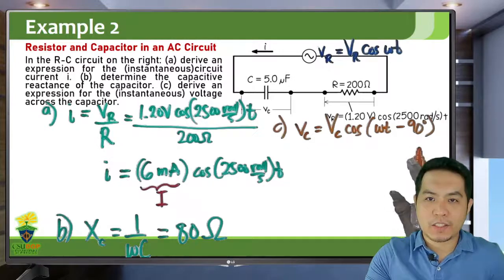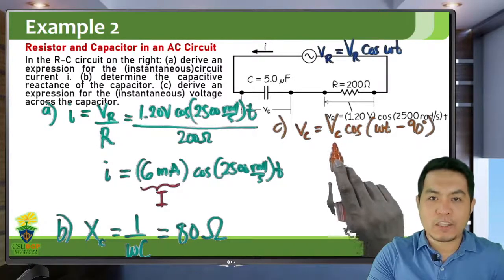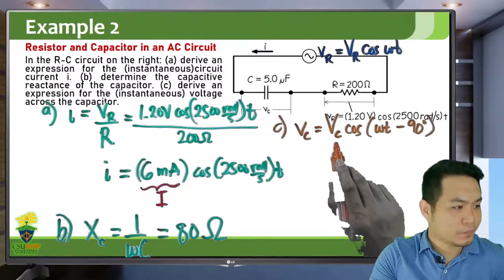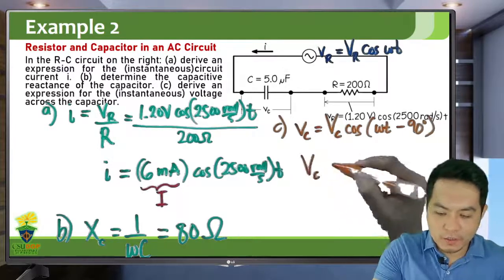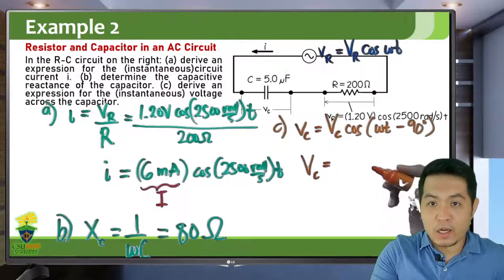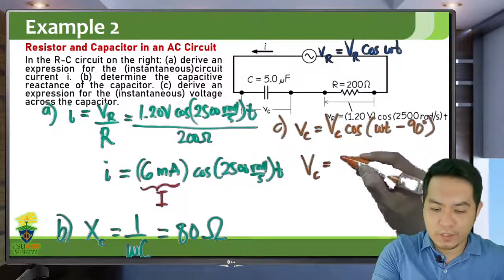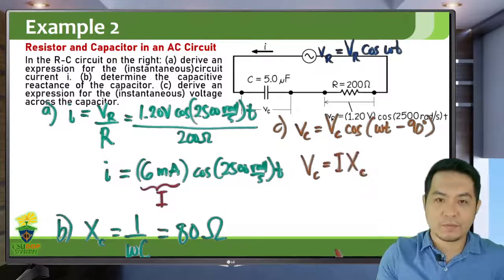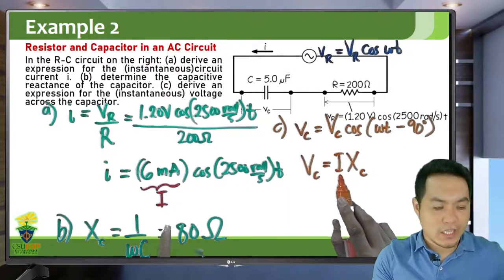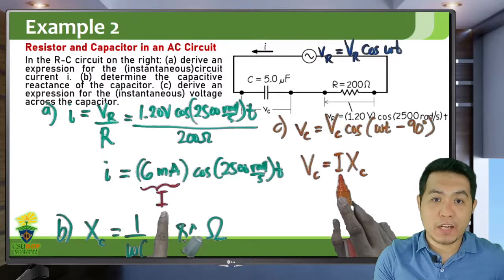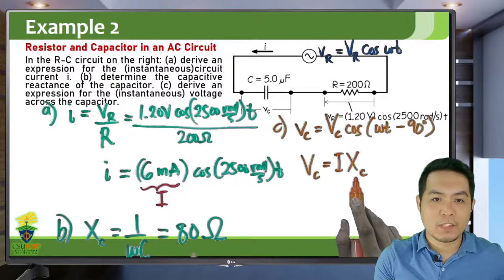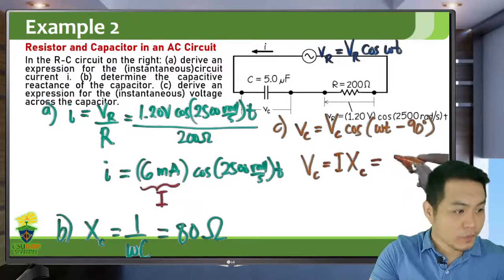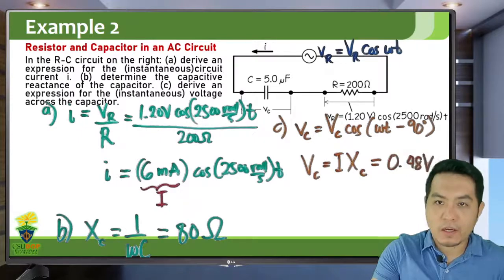So we first need to solve for the voltage amplitude across the capacitor. In order to do this, we use the voltage amplitude relationship. It's just I times XC. I is the peak maximum current or current amplitude. XC is 80 ohms. So 6 milliamperes times 80 ohms will actually give you 0.48 volts.